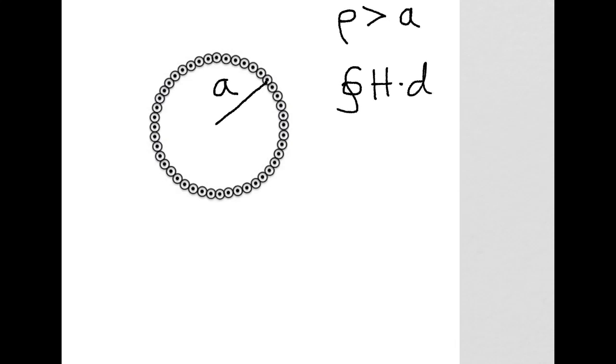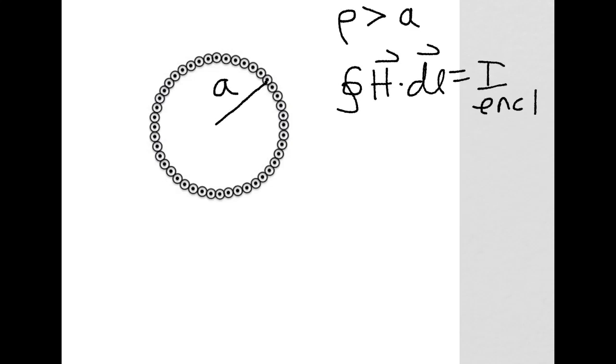Now that we know the form of our magnetic field intensity for rho greater than a, where a is the radius of our cylinder, we're going to apply Ampere's circuital law, that the integral of H dot dl is equal to the current enclosed.